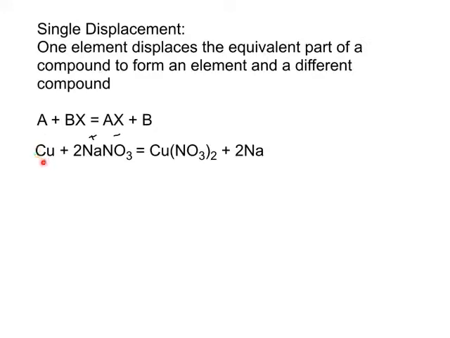Well, it's a transition element, so I'm not certain of its charge, but I definitely know that it is a cation. And in this case, it's acting as the +2 cation. So I make sure that I displace the sodium and place the copper with the nitrate and have our sodium as the single element. That avoids me having a positive with a positive if I incorrectly paired the copper with the sodium.